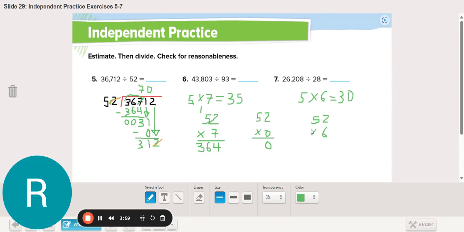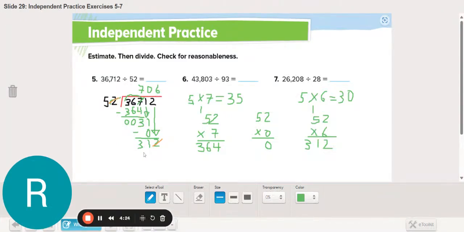So this strategy of ignoring the ones is just to find quickly the number that we need. 6 times 2 is 12. I carry on 1. 6 times 5 is 30, and 1 equals 31. So we have 52 times 6 is 312, which is the same number. So the number 6 goes up.